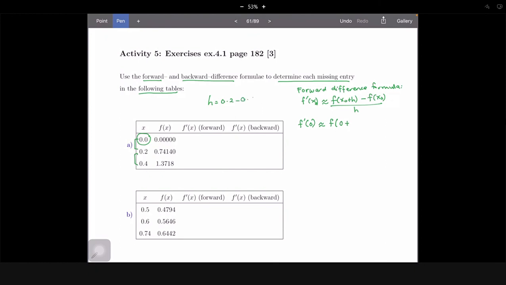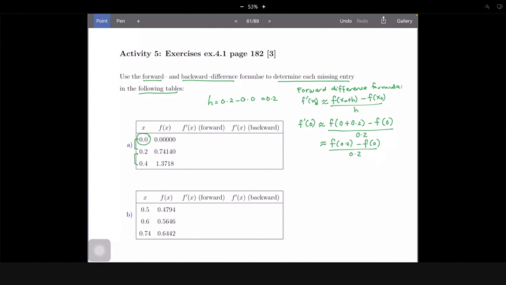Dia akan dapat 0.2. So f pada 0.2 minus f pada 0 divide by 0.2. So dia akan ambil the value of this, tolak ni bahagi dengan 0.2.